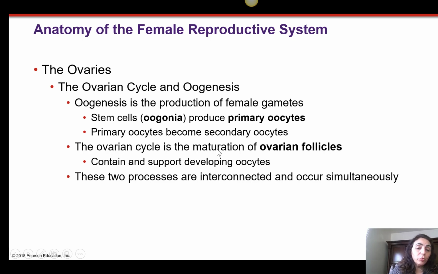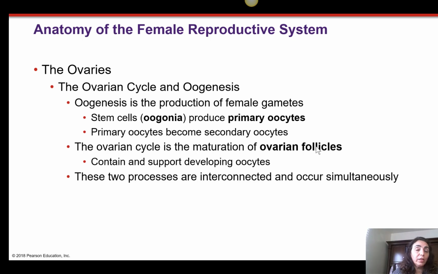The ovarian cycle is the maturation of the ovarian follicles. That's the main purpose of the ovarian cycle, to have a mature ovarian follicle. These follicles contain and support developing oocytes. So simply, the follicles that we have inside the ovary have an oocyte in the middle and some layers of cells covering around it.